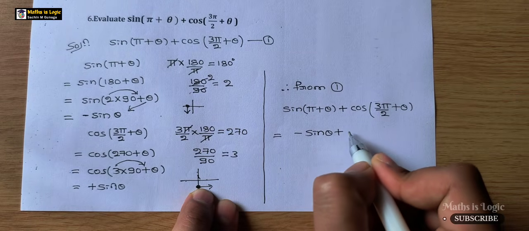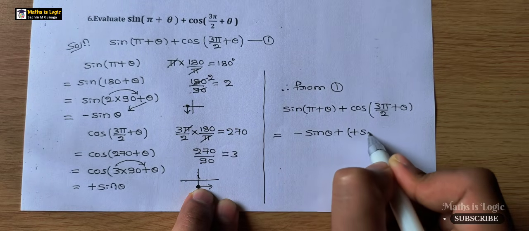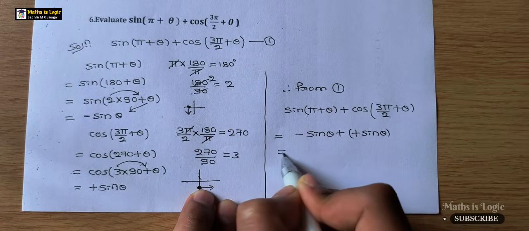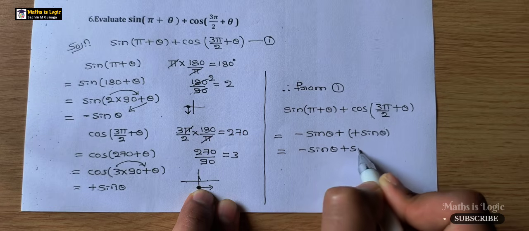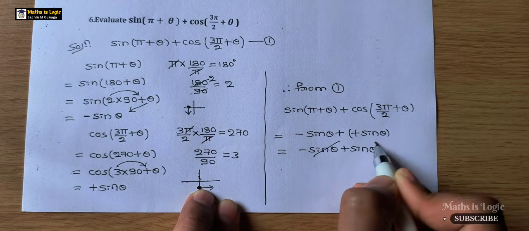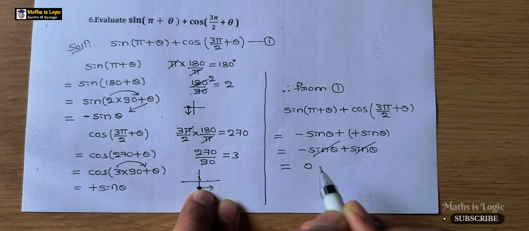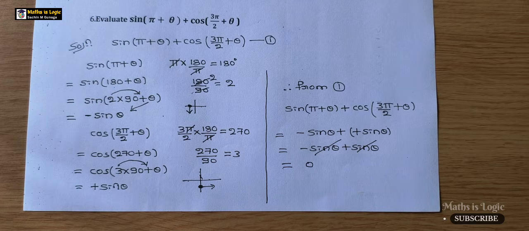Plus sin θ. So minus sin θ plus sin θ, plus and minus get cancelled. So what is the final answer? 0.